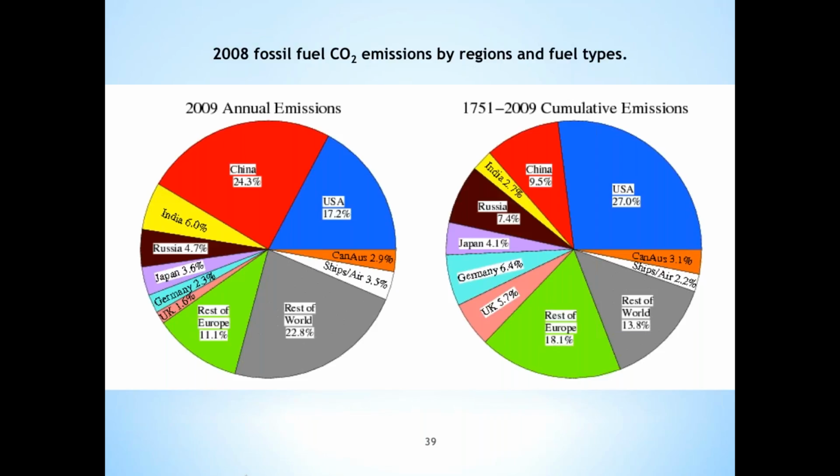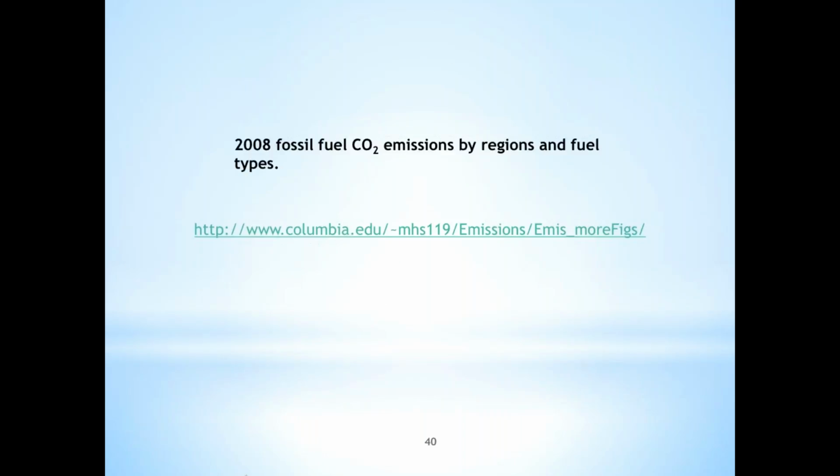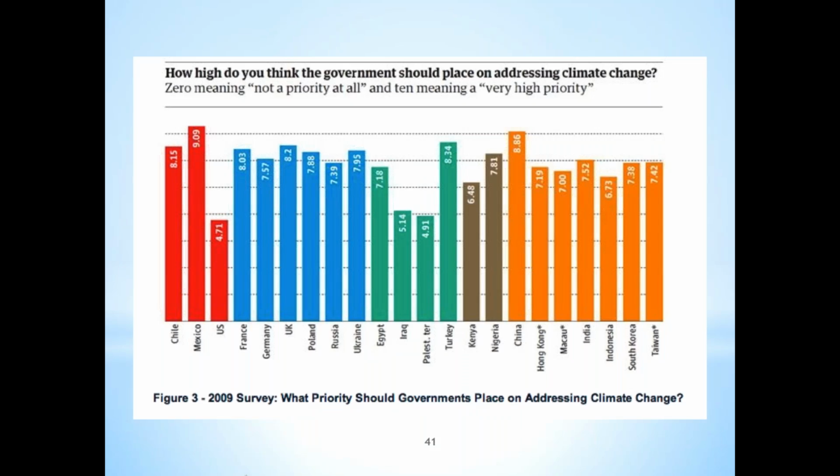We're going to see a different pattern as the rest of the world catches up and uses more electricity. A survey was done in 2009 of countries asking people to rank how important they thought climate change should be ranked.